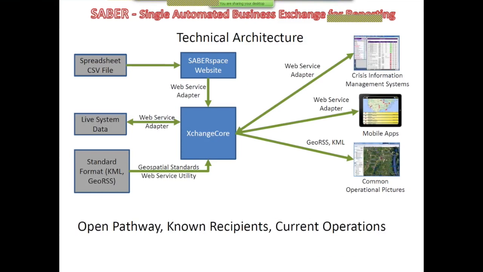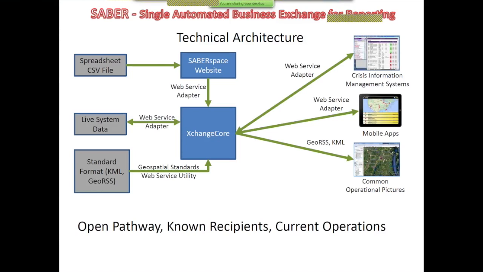Technical architecture shows that XchangeCore is sitting in the middle. There's the SABER-spaced website up at the top side, and there are three different ways that information gets in. Information gets in if you just have a plain old spreadsheet. Information gets in if you have a live system, like I mentioned Walmart does, and that's moving back and forth all the time with some web service information taking place.